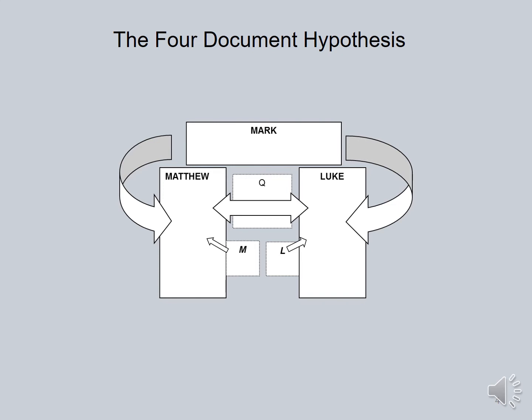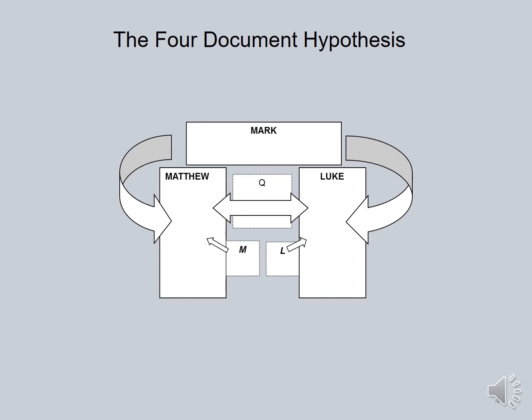The hypothesis turned the traditional view of the church on its head in that Matthew is now seen as dependent on Mark's Gospel, and then also dependent on another source known as Q, which of course doesn't exist anywhere, but is a hypothetical source.